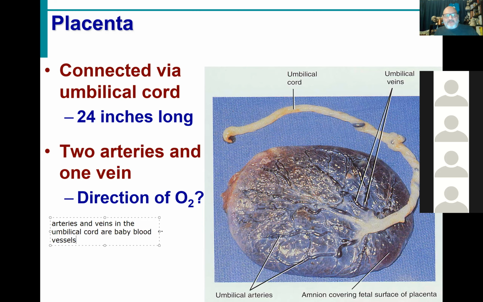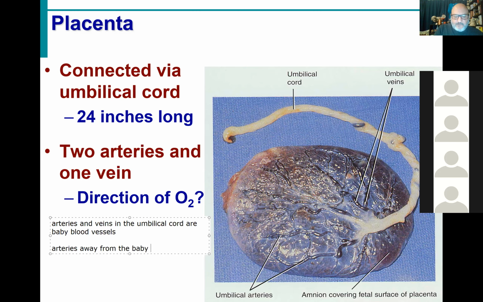What that means is that the arteries move away from the baby heart, and veins move towards the baby heart. So which of those, the 2 arteries or the 1 vein, is going to be oxygen rich in this case?